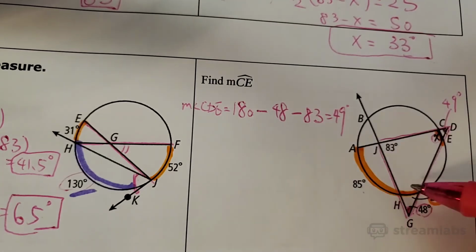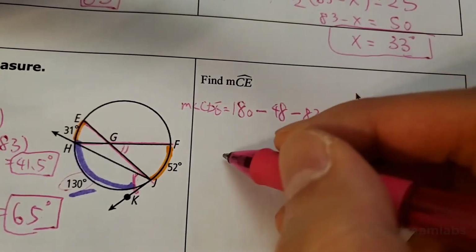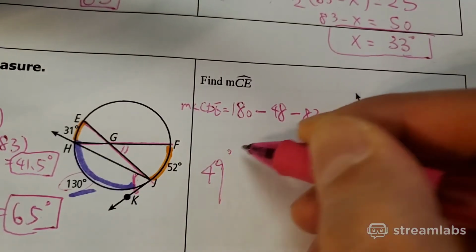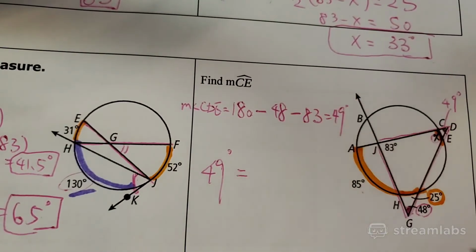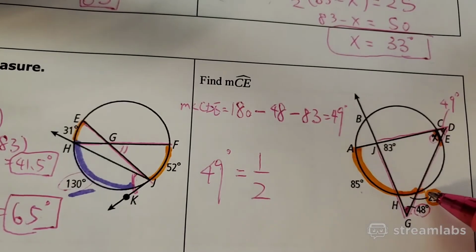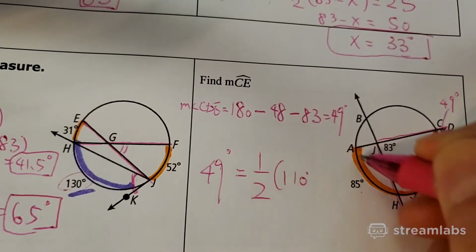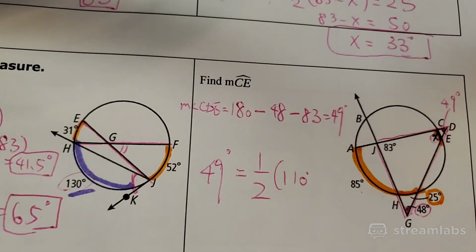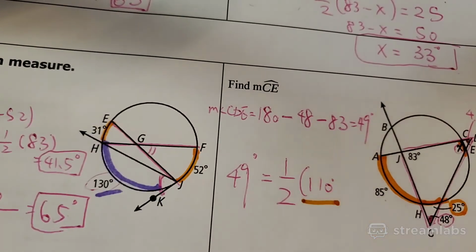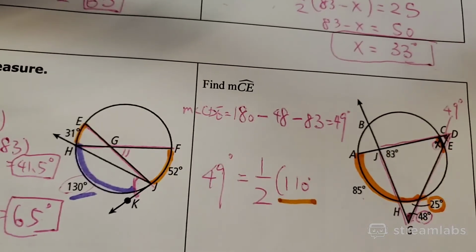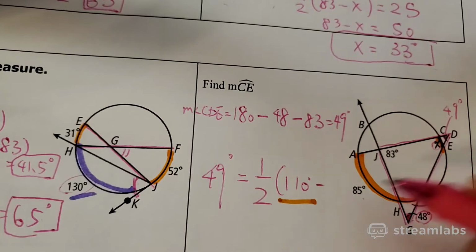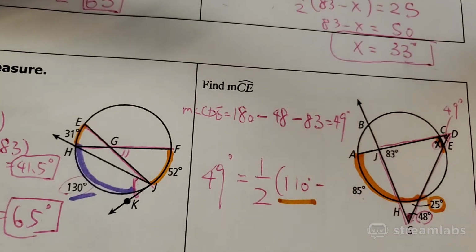So angle CDE, which is 49 degrees, should equal 1/2 of 110, which is here. I'll highlight it for you. 110 minus x. All right, x is what you want to find.